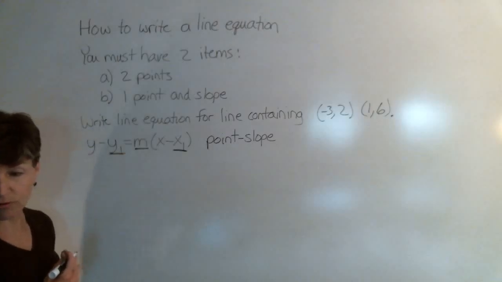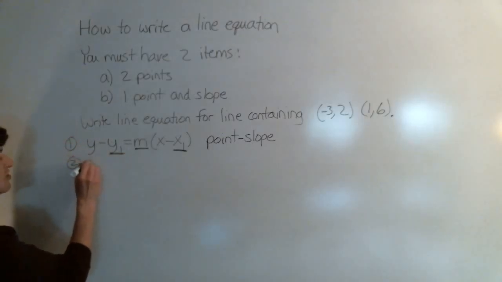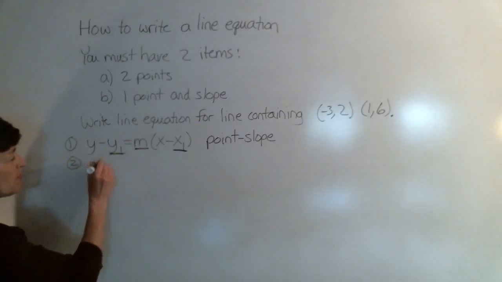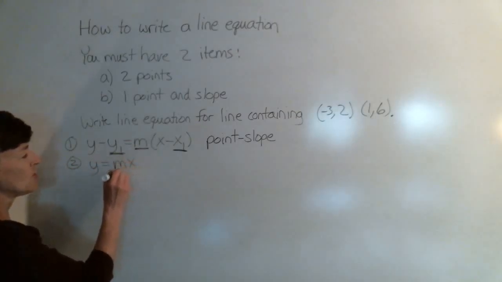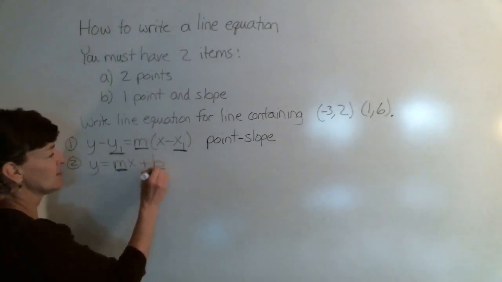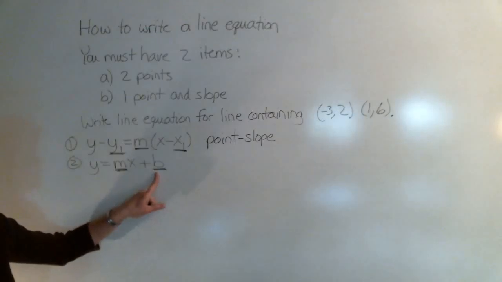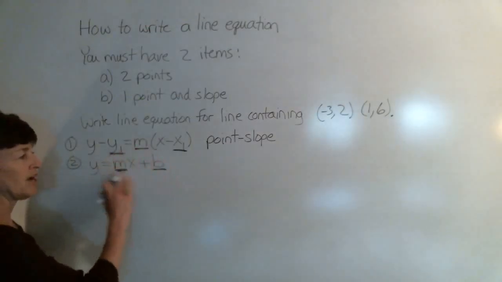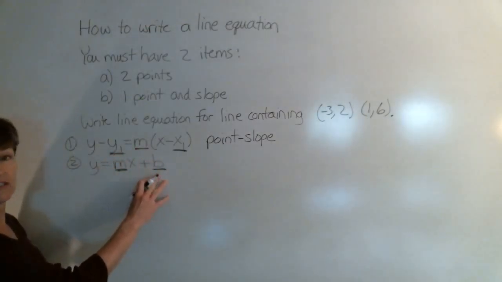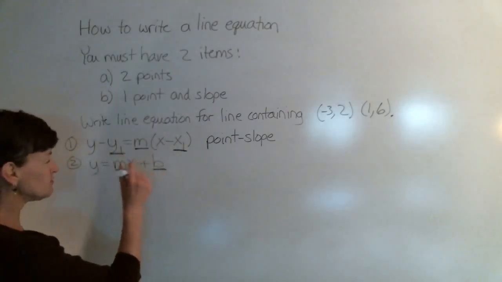Now there's a second form of a line equation. This one is very popular. It has the slope in it, and it has this number right here, which is called the y-intercept. We're not going to really talk about this equation in this video until the very end.